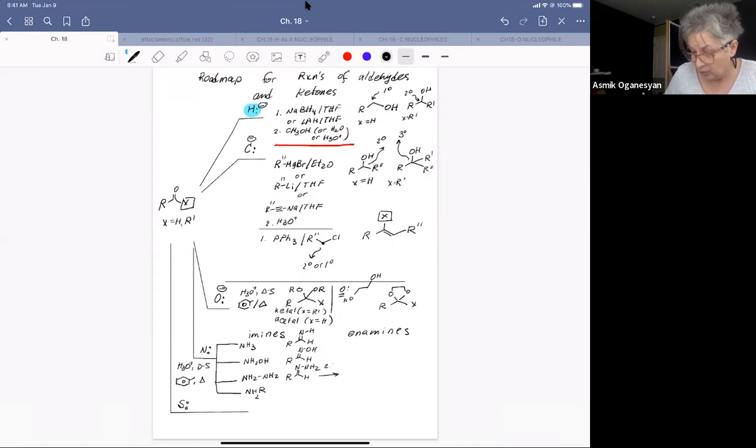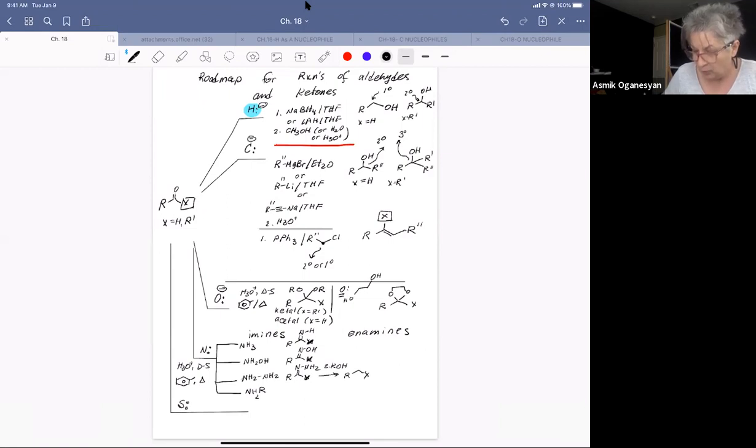Step 2 with KOH. Here are X's. So we're going to extend it a bit.